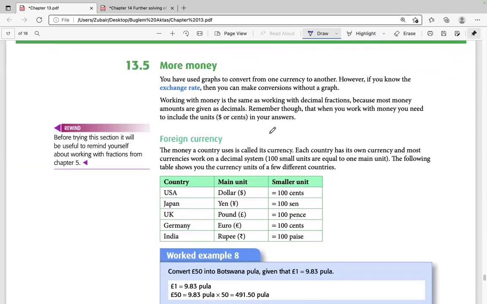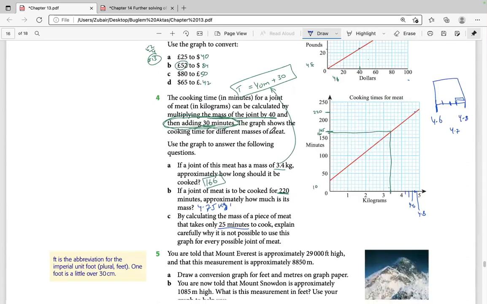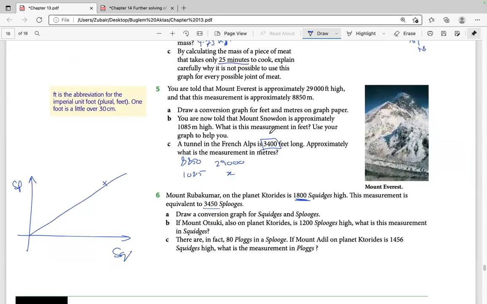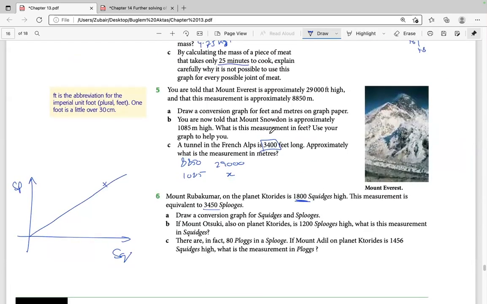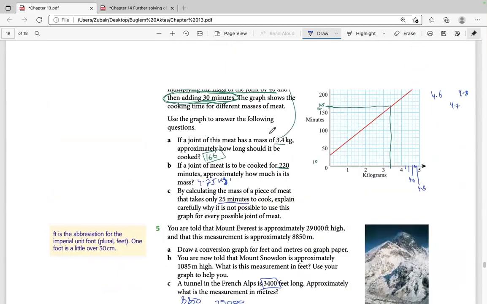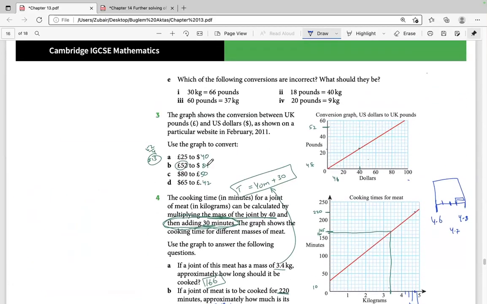Now, money. Just like we did an example for dollars and PKRs. Whenever we face a question like this one on length, feet and meters, you see there's no timeline given. But when we did pounds to dollars, you see it is given that it was in 2011.